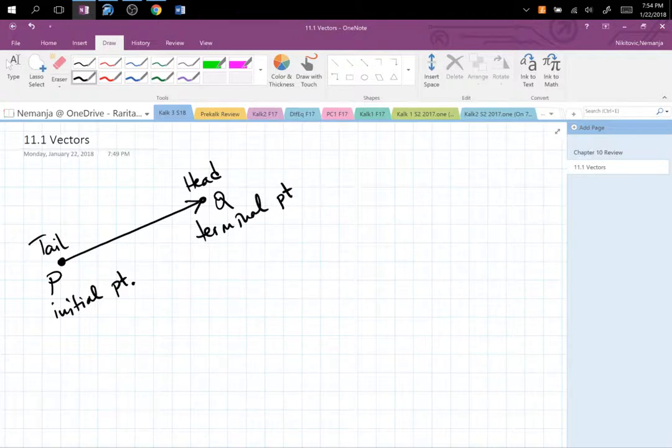So now point P is going to have some coordinates x1 and y1, and point Q is going to have x2 and y2.